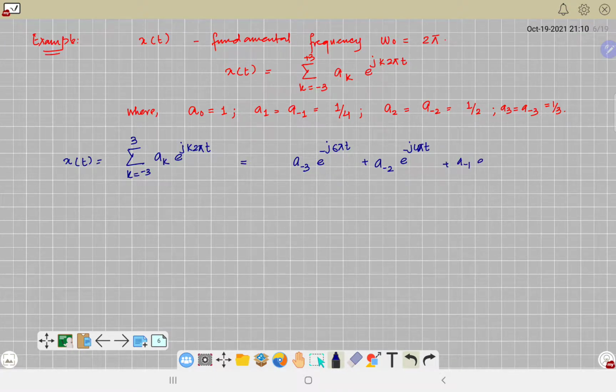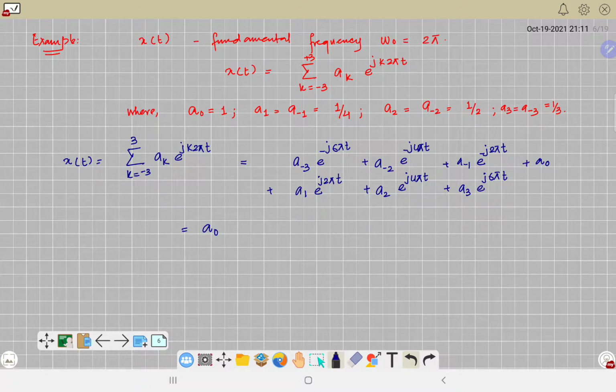Then a minus 1 e raised power minus j 2 pi t. Then a constant term corresponding to k equal to 0. Then I will have terms like a1 e raised power j 2 pi t plus a2 e raised power j 4 pi t plus a3 e raised power j 6 pi t. Okay.